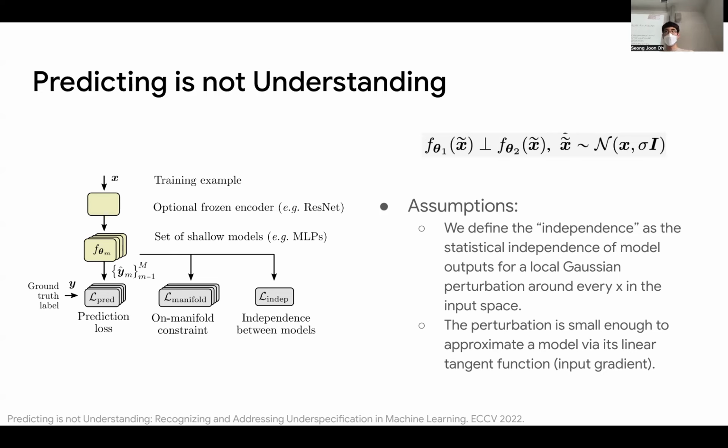The outputs, yes. And what you want here is that model 1 and model 2 react in a different way to the changes in the input space. So I have a hard time finding a connection between that and adversarial robustness.